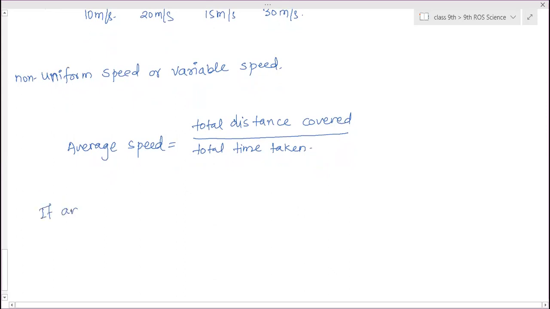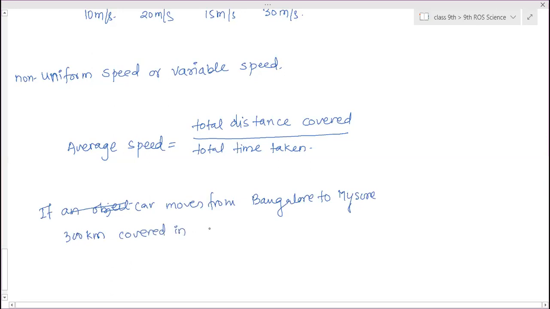If a car moves from Bangalore to Mysore, approximately 300 kilometers, covered in 3 hours, then the average speed is 300 by 3.